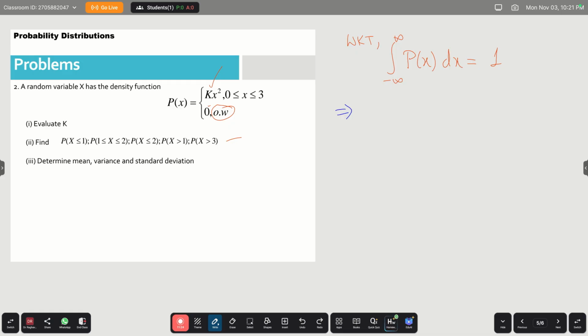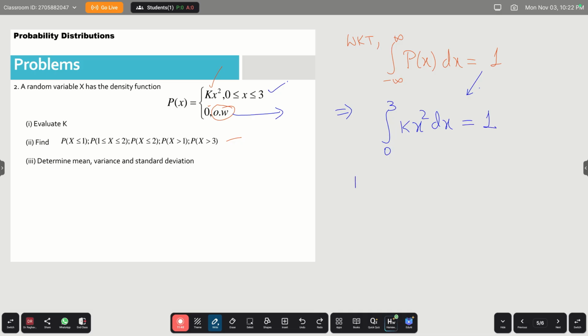So p of x, of course, is 0 everywhere except 0 to 3. So minus infinity to infinity, I can just replace by 0 to 3, because everywhere else it is 0. So the integral from 0 to 3 of kx square dx should be equal to 1. That's the condition for a valid probability density function.